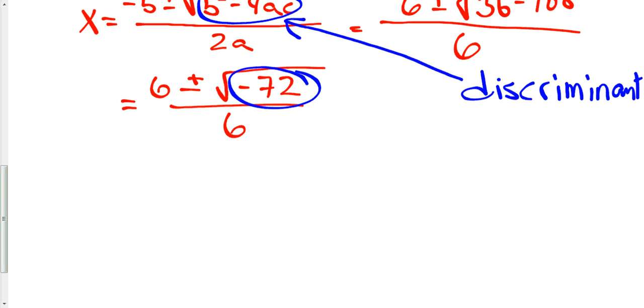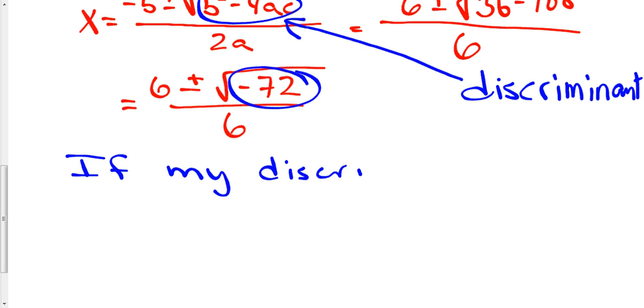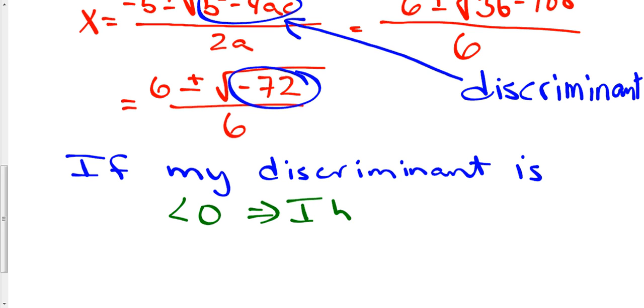If my discriminant is less than 0, then how many zeros do I have? Then I have no, and I'm going to add an adjective here, no real zeros.